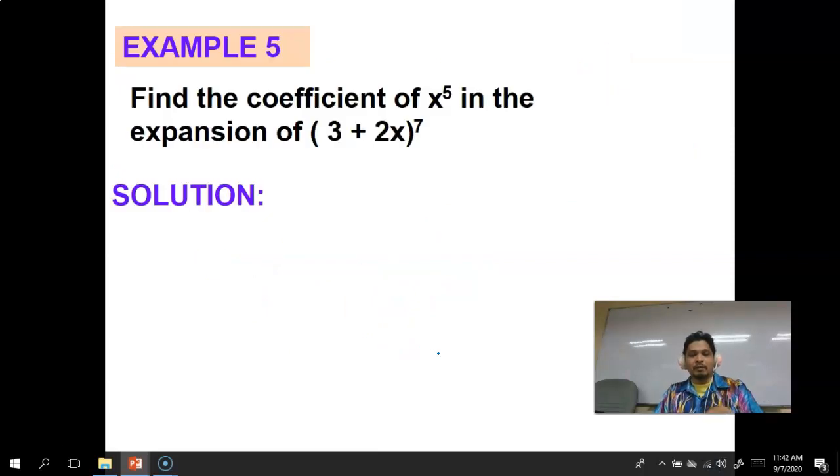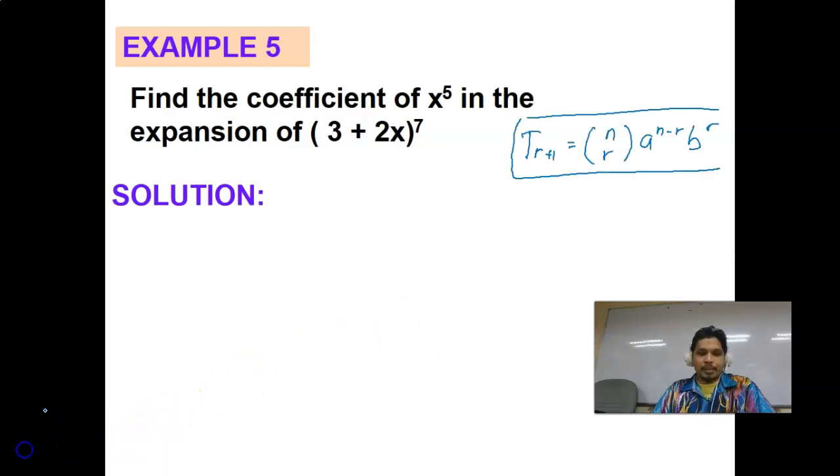Find the coefficient of x to the power of 5 in the expansion of (3 + 2x) to the power of 7. Okay, so the solution of this: find the coefficient of x to the power of 5.